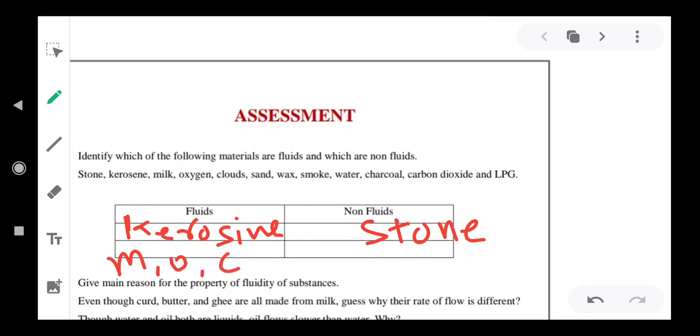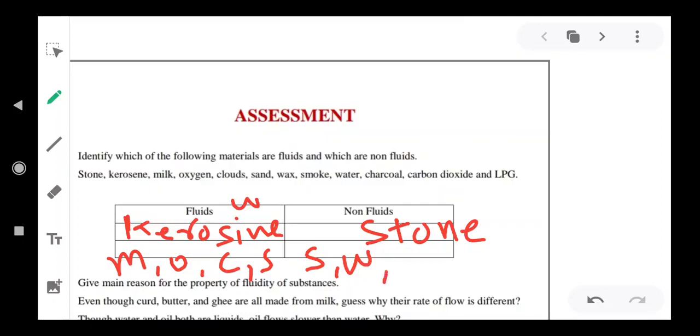Sand is a solid, so that comes under non-fluids. Wax is also a solid, so that comes under non-fluids. Smoke is a gas, so it will flow easily. Water is also a fluid. Charcoal: what is the meaning of charcoal? In the first worksheet we already discussed it.